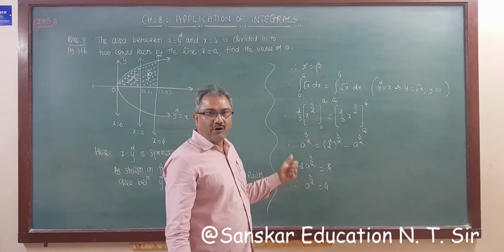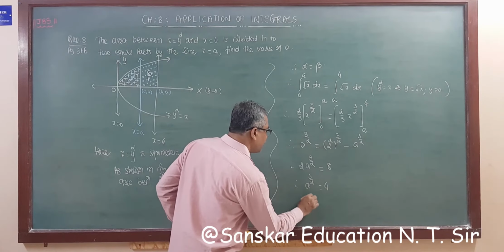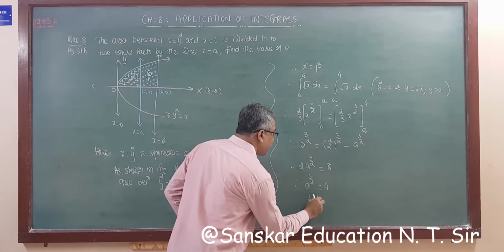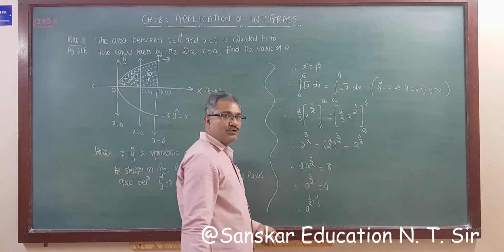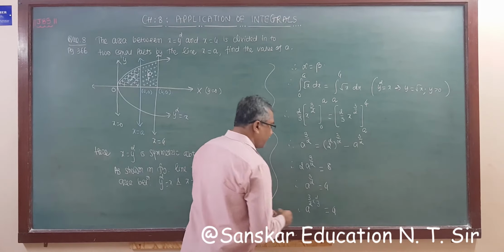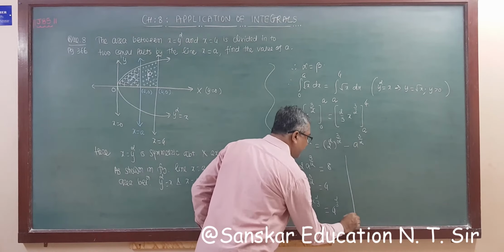Right? If we want to find the value of a, then what we have to do? We have to multiply by the power 2 by 3. That is, we have to raise this 4 to the power 2 by 3 also. So what we get here?